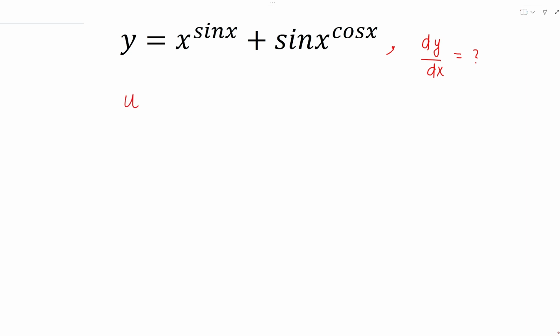Let u equal to x to the power sin x and v equal to sin x to the power cos x. So y becomes u plus v.